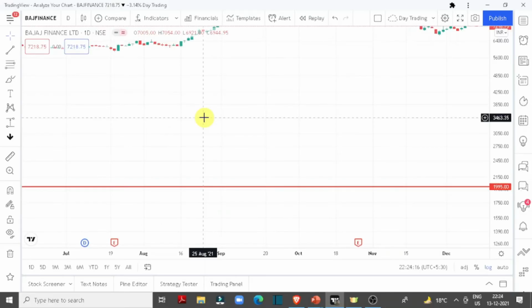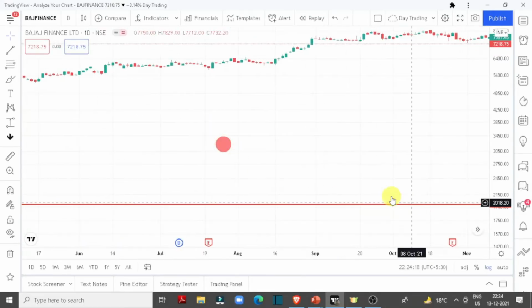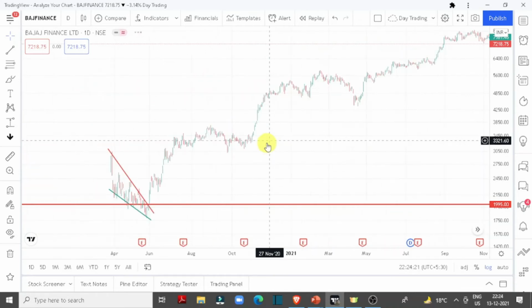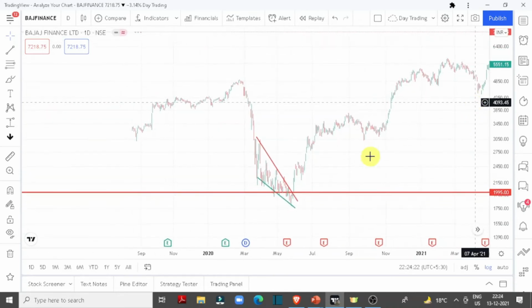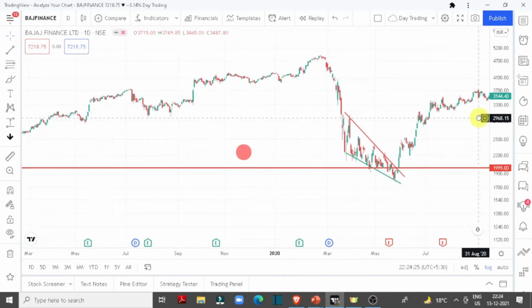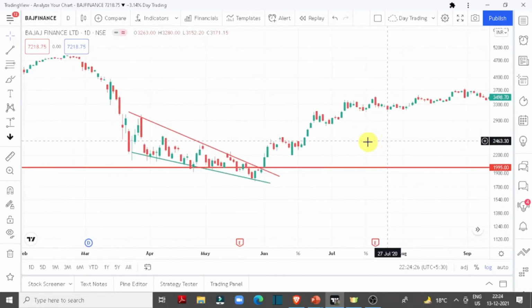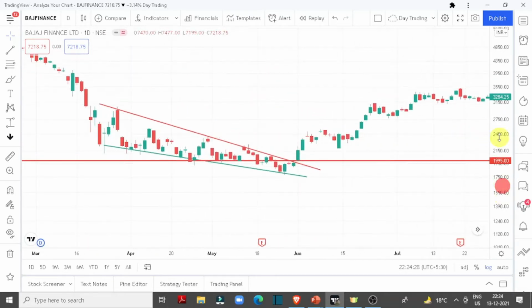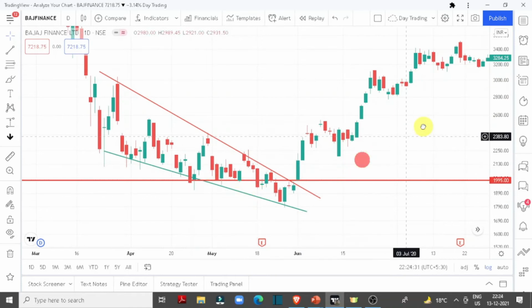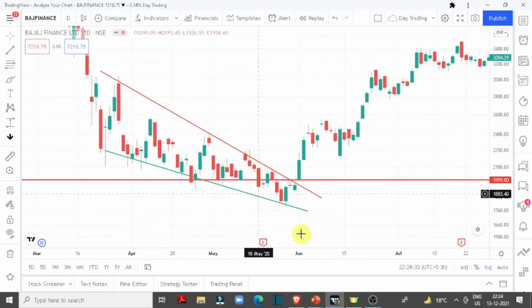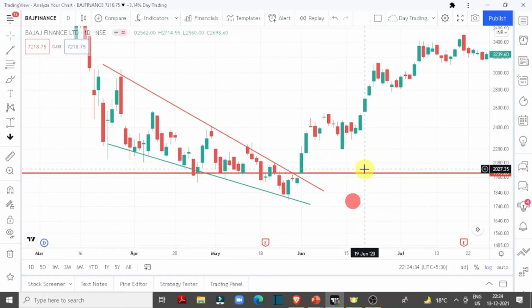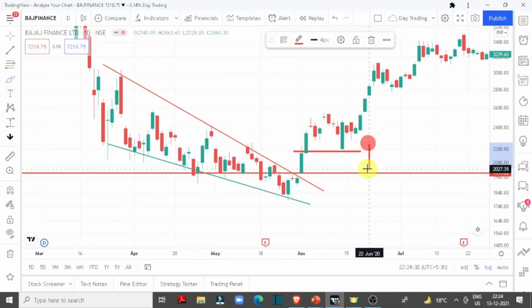Let's go back to our Bajaj Finance example, the 2020 example where we used different methods. I think this is the point where we tested our different methods of breakout. Let's say I buy at this point, at the 2100 rupees level.